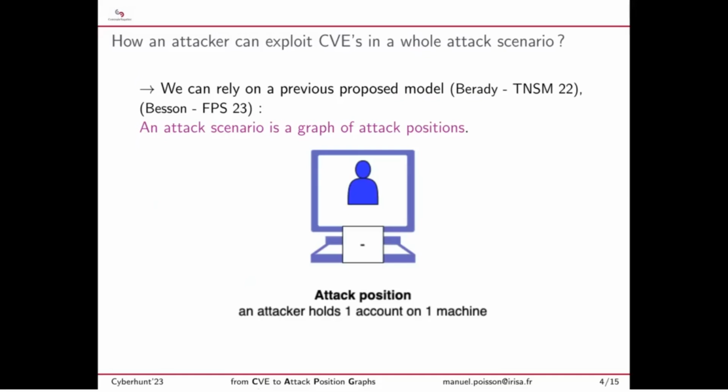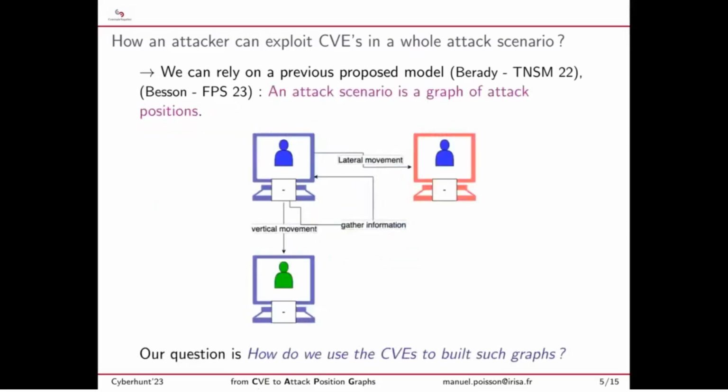To answer this question, we relied on previous work from other PhD students in the team. We took the concept of attack scenario represented as a graph of attack positions. Attack positions are the nodes of our graph, and they represent the fact that the attacker is able to control one account on one machine. The edges show how an attacker can move from one position to another.